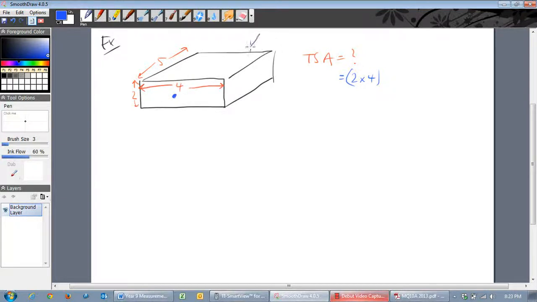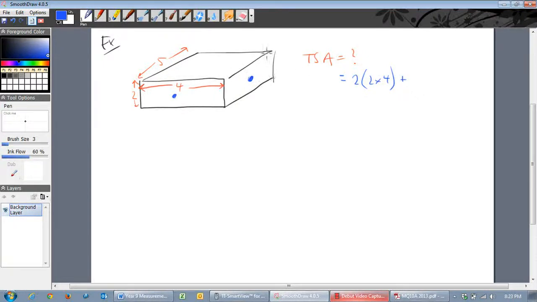Now if we look at this opposite side here, that'll be exactly the same area as this face here because we've got a prism. So that's going to be 2 lots of 2 times 4. Okay, so we've got that one and the back one as well. Okay, right, so there's those 2 faces.